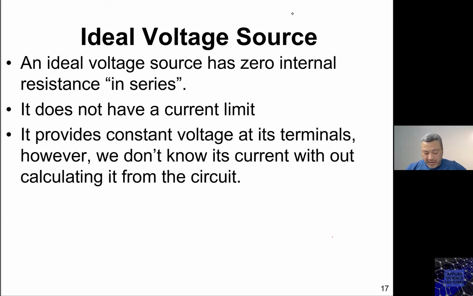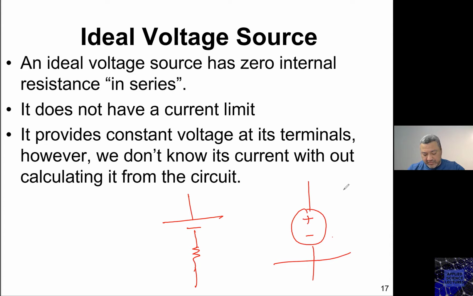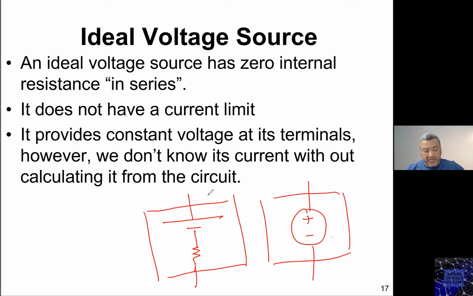We said that a non-ideal voltage source is going to be represented with some sort of battery with a small resistance that is connected in series.